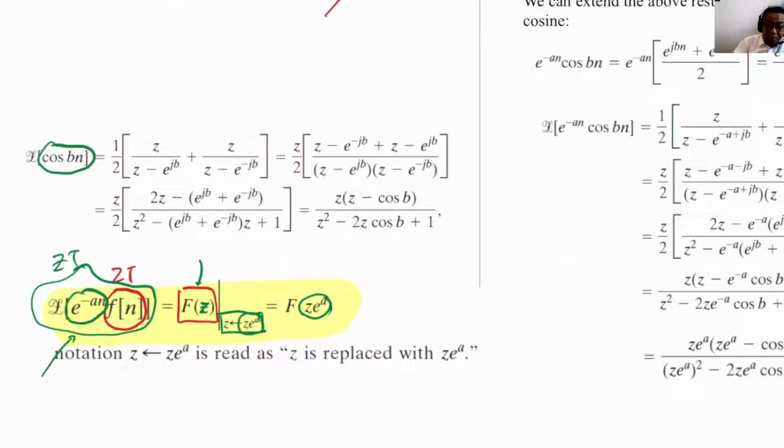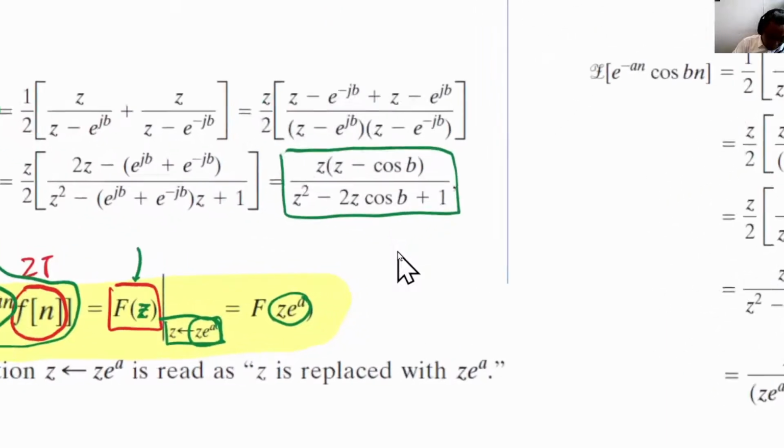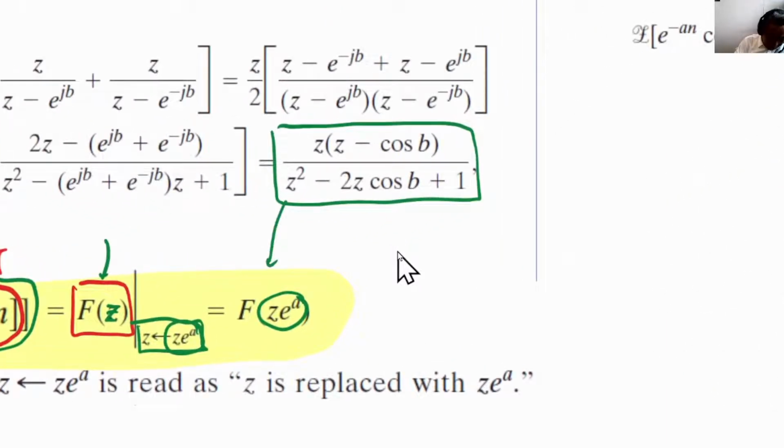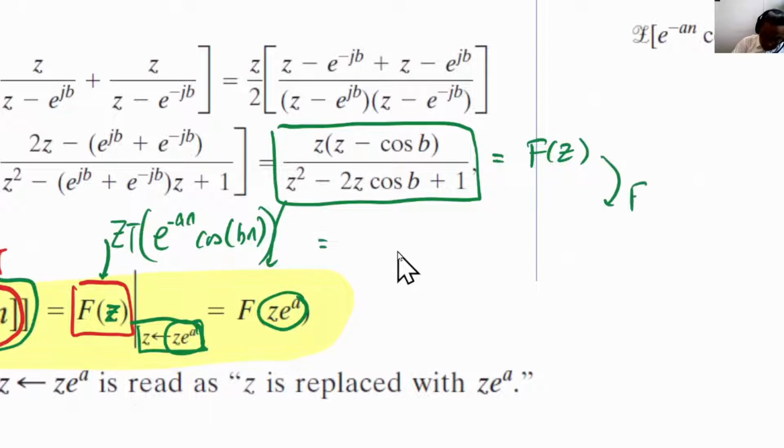In the last slide, we have already found the z transform of cosine(bn) to be this. So the property says if we have e^(-an) cosine(bn), and we are taking the z transform of this, simply replace, this is F(z), by F(z times e^a). So let us try.